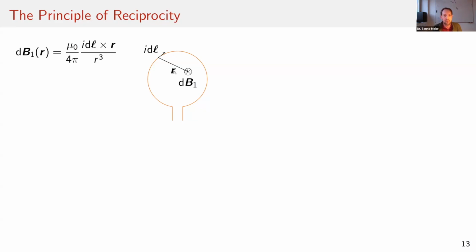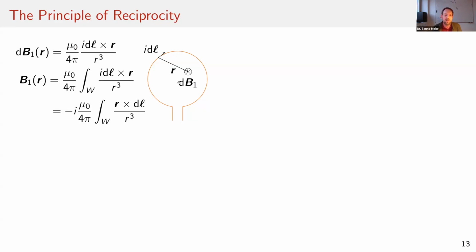If I want to know the total field, then I just have to integrate along the entire wire, along all these length elements, and then I get B1. I can change the dl and r in the cross product, and then I get a minus sign. If I divide by the current, then I get B1 over I, which is given by this expression here.